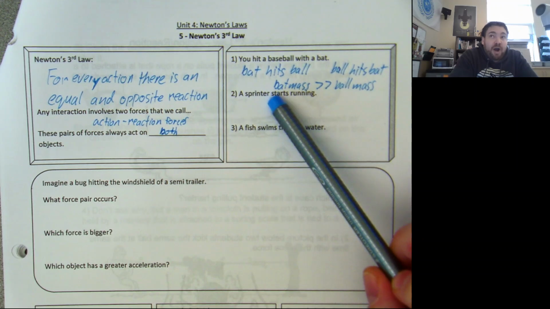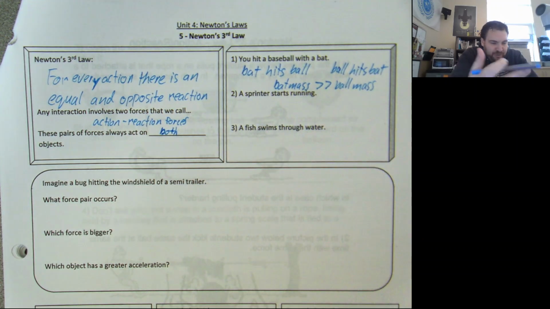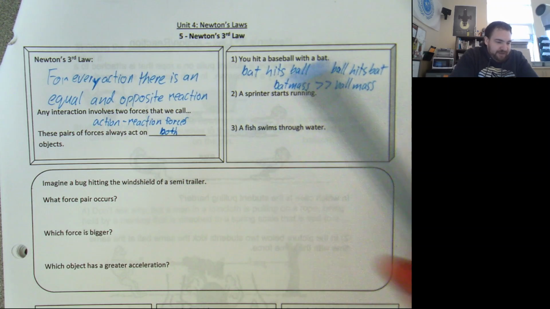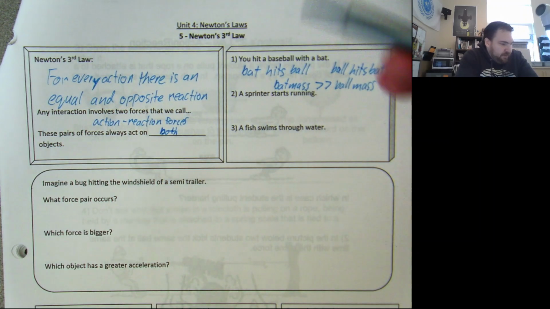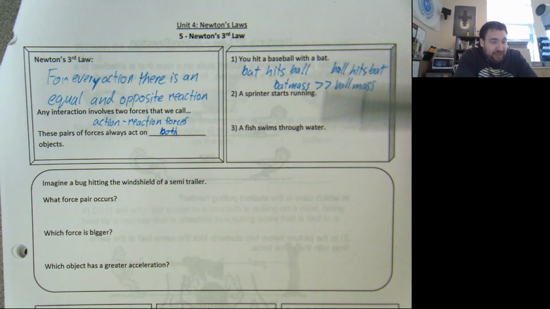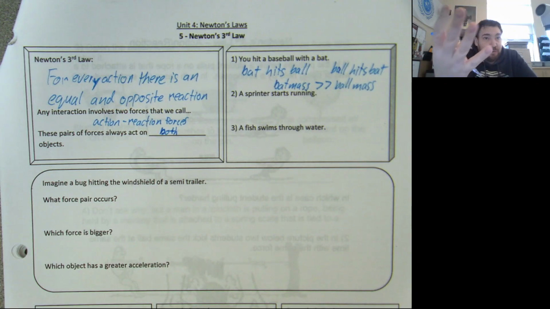The same way we talked about walking before. How do you actually walk? Well, forget a sprinter. Let's talk about you. How do you run? Well, you push back on the ground. How do you move forward? If you're pushing backwards, how do you move forwards? Well, the ground must be then pushing on you just as hard. It's easier for you to move through the air than it is for you to spin the earth the other way.